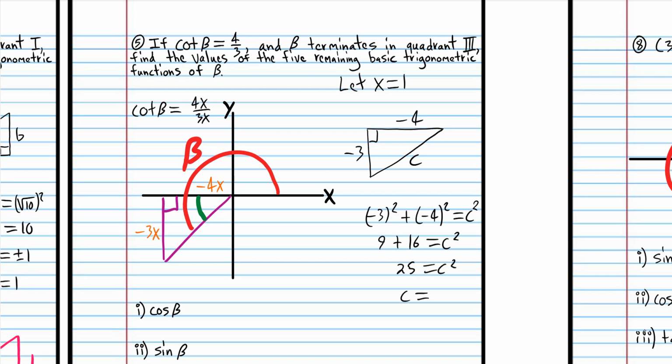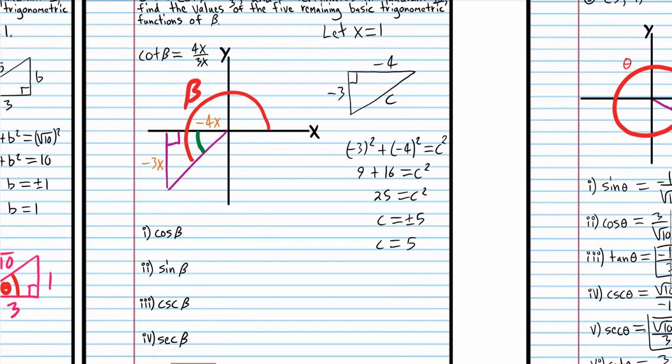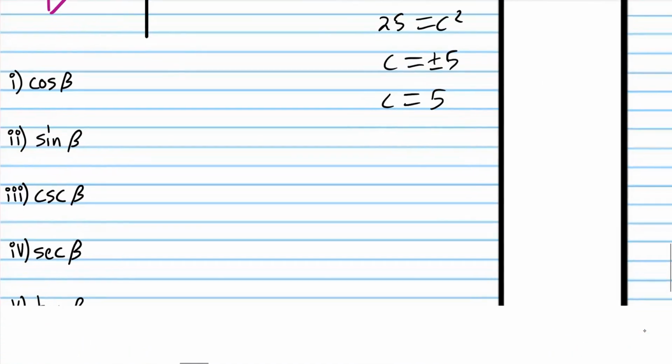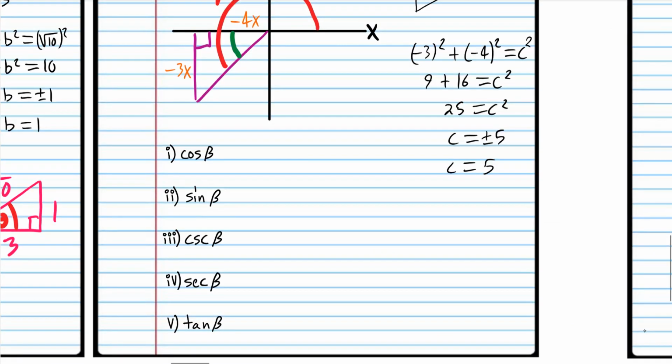And we see that c must be equal to plus or minus 5, but remember the hypotenuse is always positive. So we found the missing side. So let's draw one final triangle to help us. Again, you don't have to draw so many triangles.